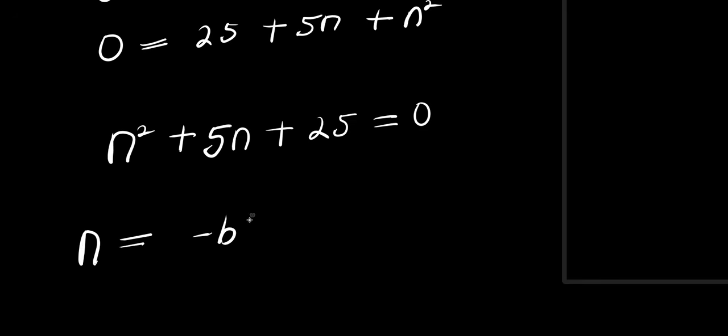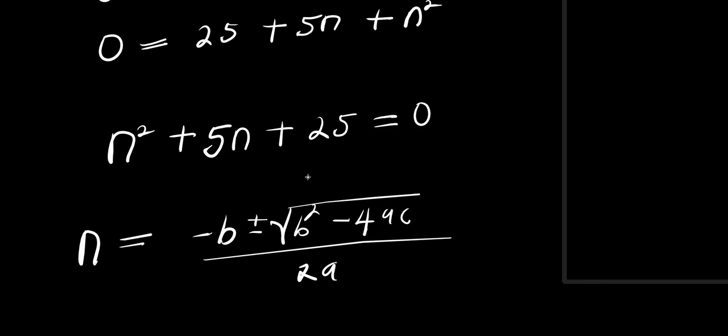So let's solve this using the formula method. n equals negative b plus or minus square root of b squared minus 4ac, divided by 2a. We have a equals 1, b equals 5, and c equals 25.